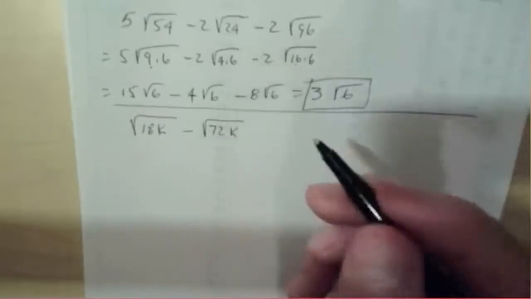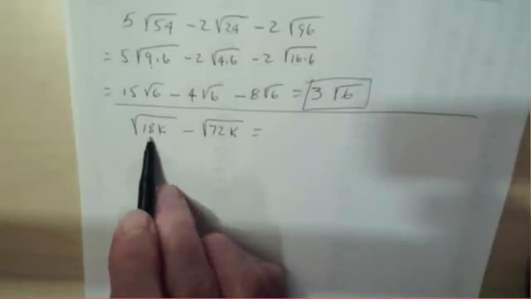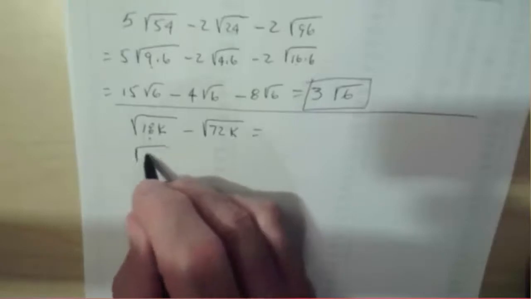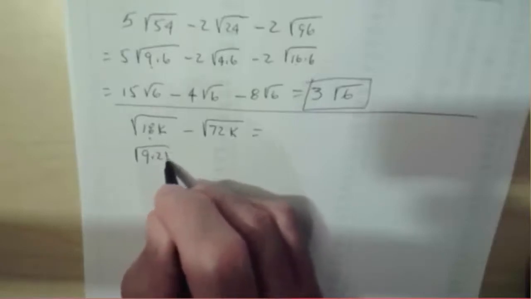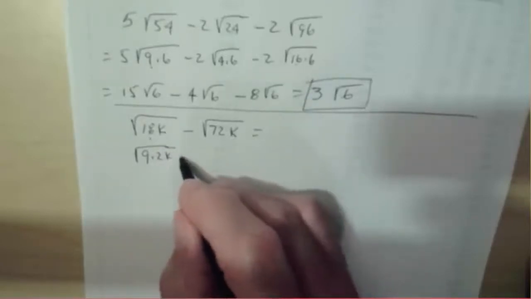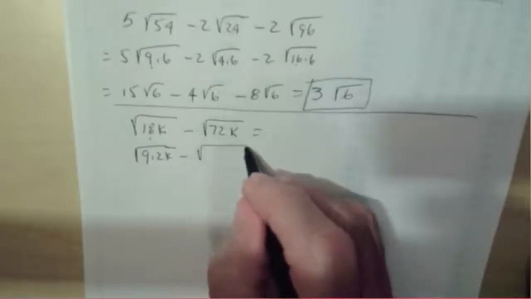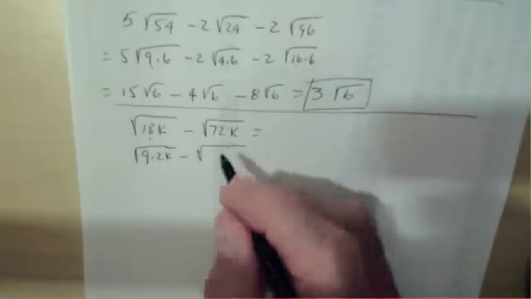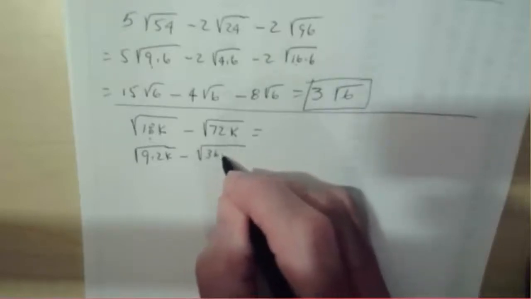Okay. Now, the factors of 18 where one is a perfect square is the square root of 9 times 2, and don't forget the k, minus the square root of, what is that, 36 times 2, k.